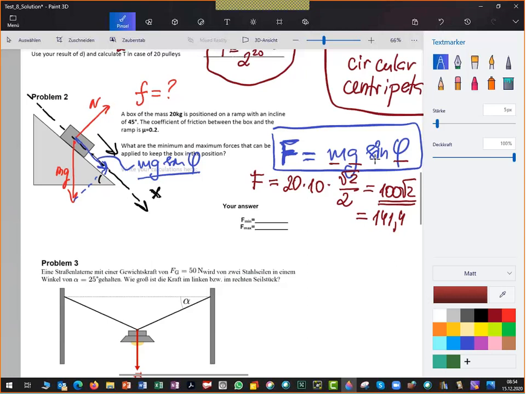Now, what we can do is find the friction force separately. So what would be the maximal magnitude of friction force that would be possible in our system? Maximal friction possible.